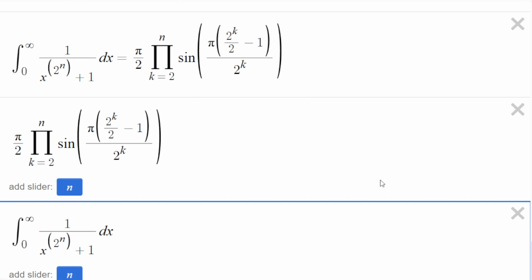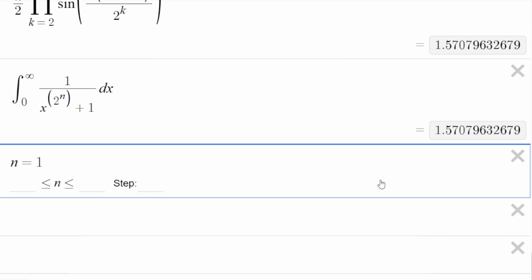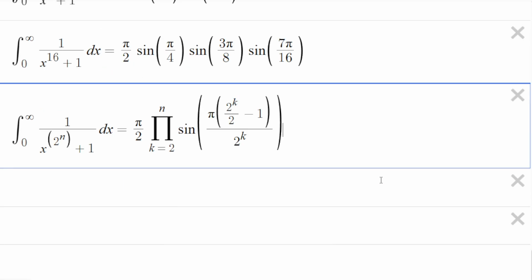Okay. So for n equal to 1, we get the right thing. Let's bring n up to 5. Yeah, we get the right thing. N up to 17. Yeah. 16, 15, 14, 13. Yeah, we get the right thing. Okay. So now this is true.